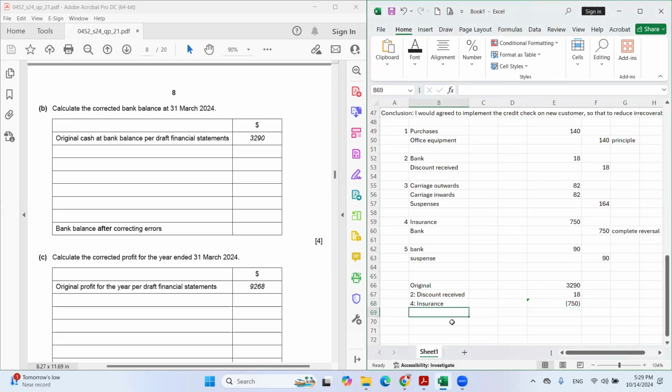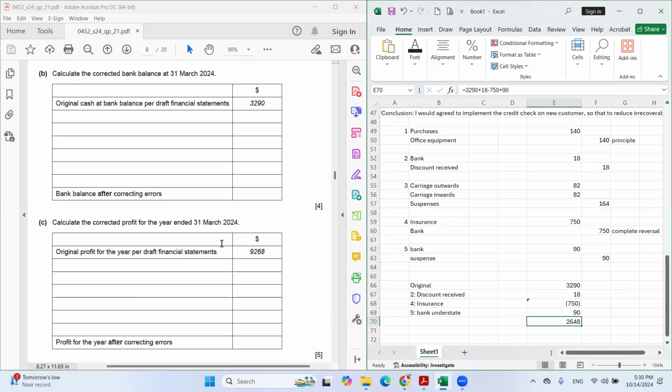Next is number 5, error 5. Error 5 is bank understated, undercast by 90. So you add 90. So you take 3290 plus 18 minus 750 plus 90. So this is the amount for the bank.